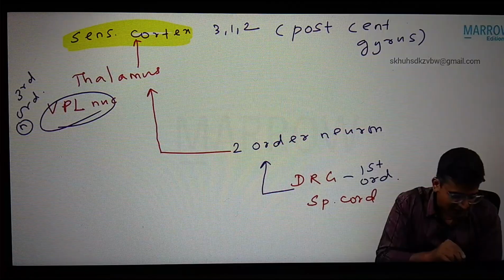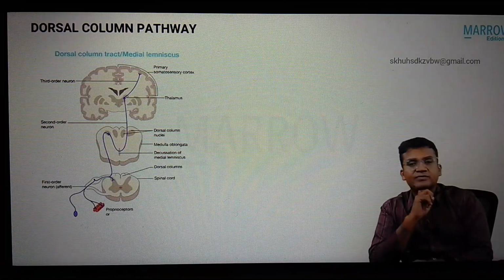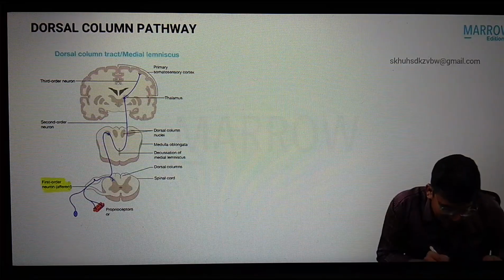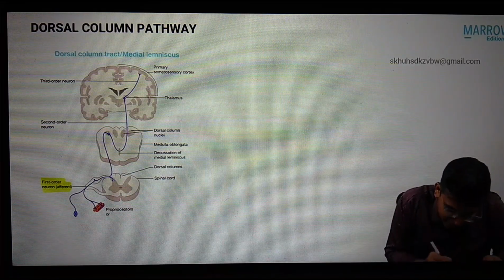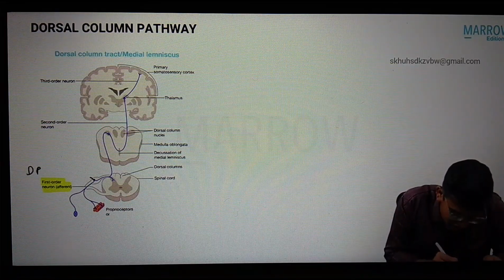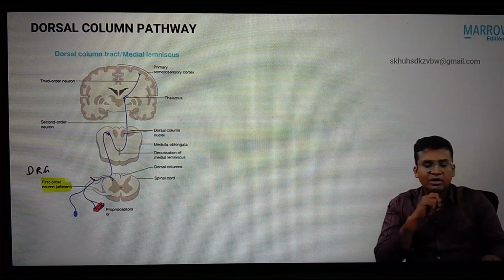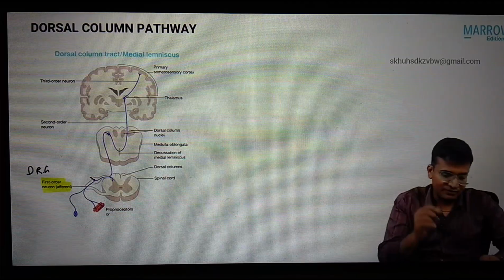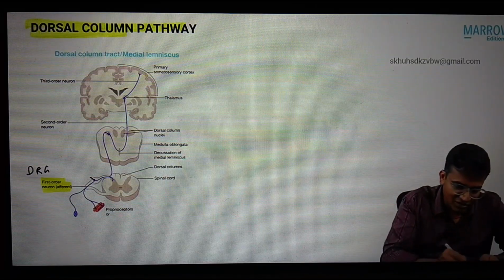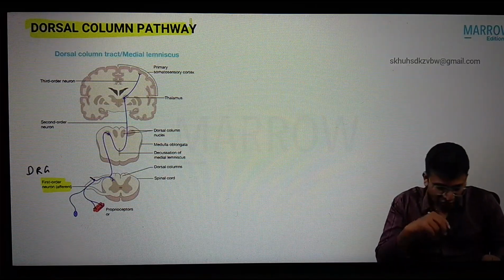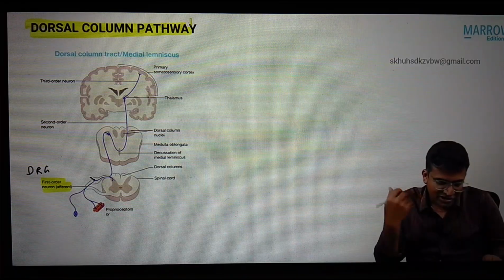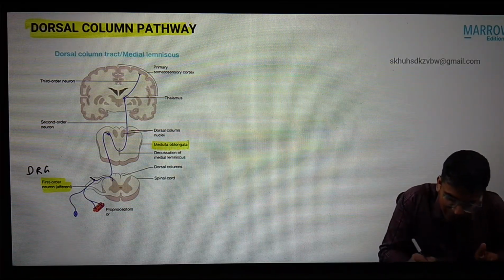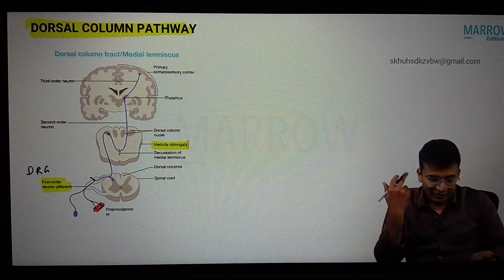Now we're going to start our dorsal column tract. Again, the first order neuron is present in the dorsal root ganglion. Fibers from the first order neuron now ascend up to the medulla. In the medulla, we have two nuclei.